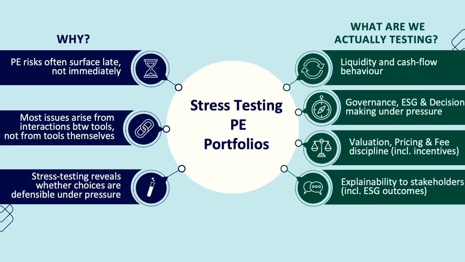Now, what are we actually testing? We're testing, for example, for liquidity and cash flow behavior. Pending what the demand is on your side, this could be interesting. Governance, ESG, and overall decision-making under pressure. So who, for example, makes the decision to cut back on certain exposures or increase exposures if it's going well? Valuation, pricing, fee discipline, incentive structures on the GP side.